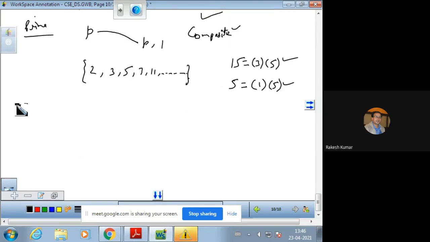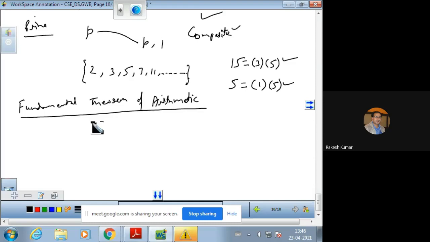Now, related to that, we have a very important result, that is the fundamental theorem of arithmetic. The theorem says that every positive integer n greater than 1 can be uniquely expressed as a prime or a product of two or more primes, where the prime factors are written in the order of their increasing size.